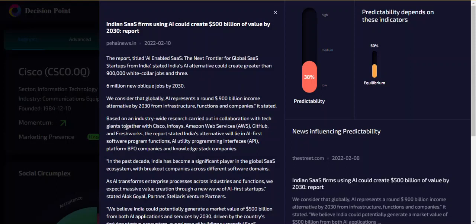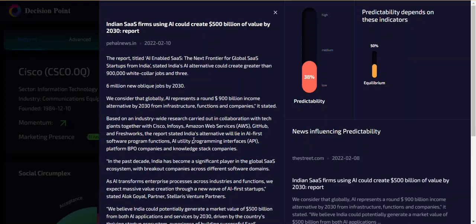And this is interesting. Based on industry-wide research carried out in collaboration with tech giants together with Cisco, Infosys, Amazon Web Services, people don't know how big they are in that industry, GitHub and Freshworks.